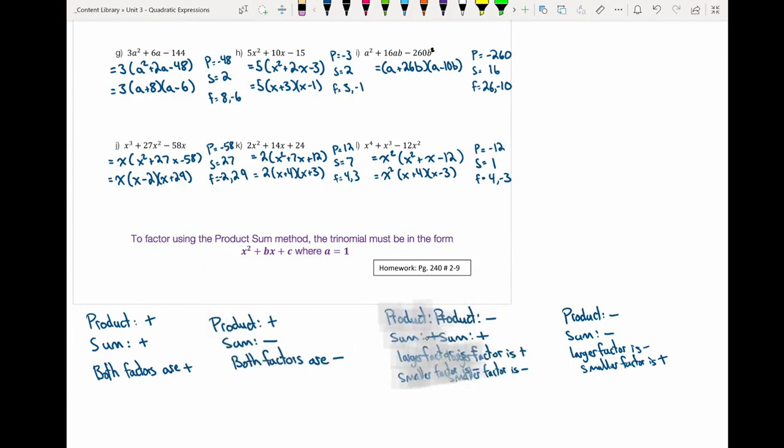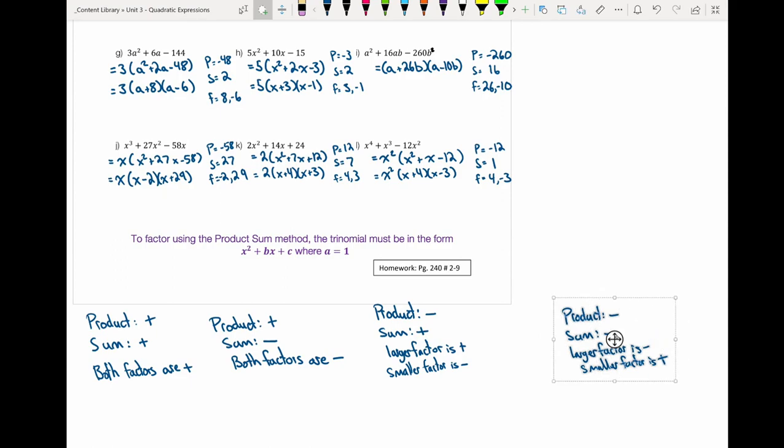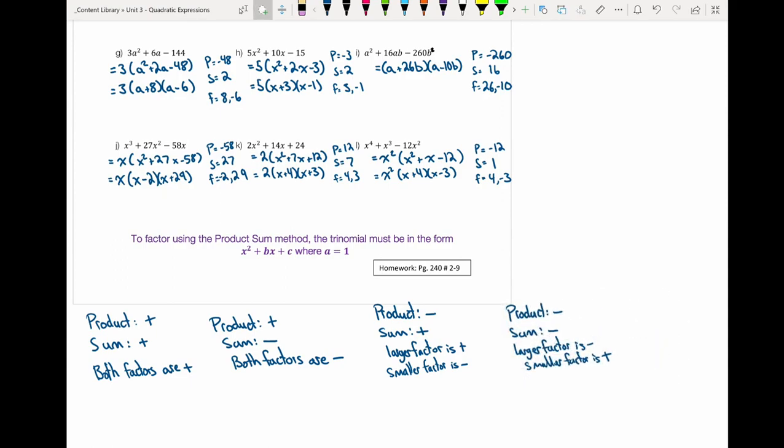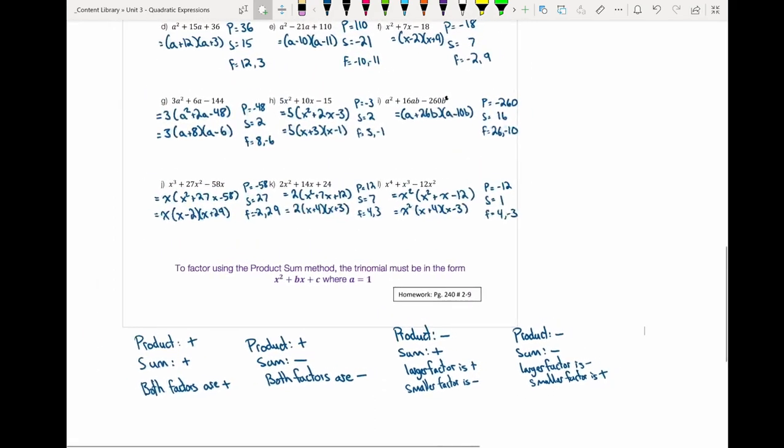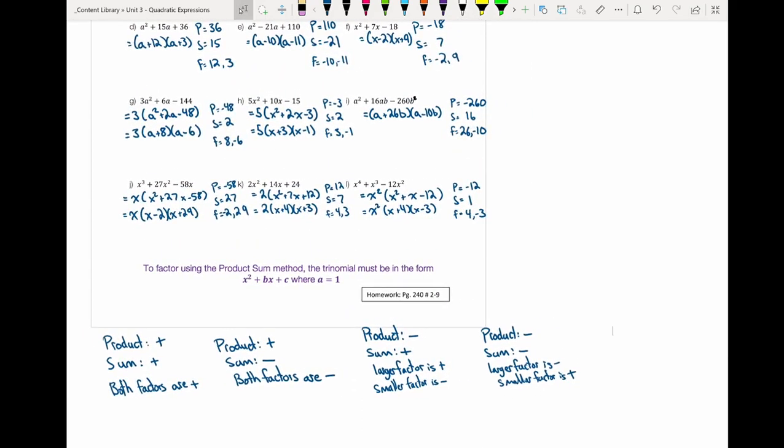It doesn't really help you find the numbers, but it does give you an idea of what signs they should be. So that might help in terms of finding out if they add or subtract to the sum. But again, the biggest thing, when you're factoring a simple trinomial, we're using the product and sum method, where we're looking for two numbers that multiply to the constant or the last number in our trinomial, and the same two numbers have to add to our middle number of the trinomial.